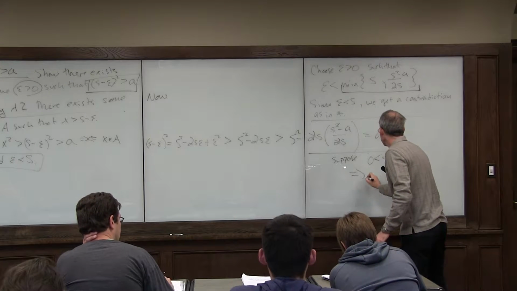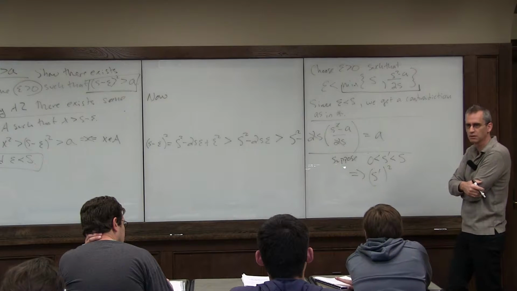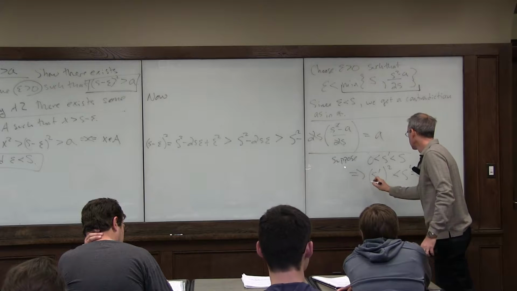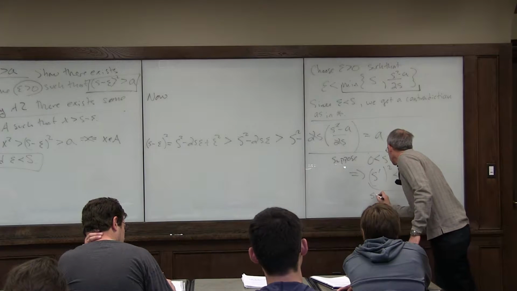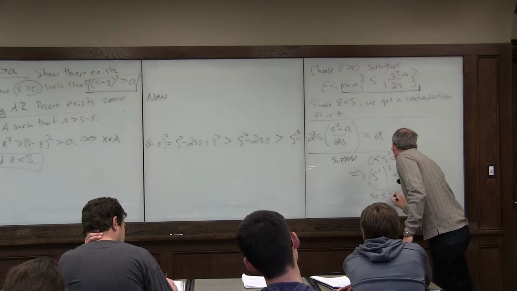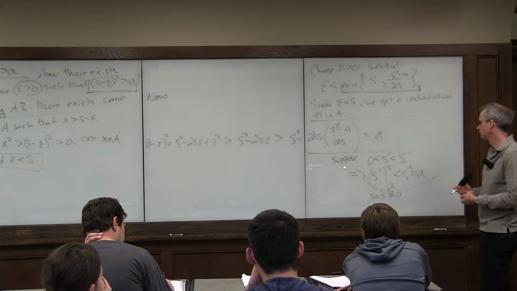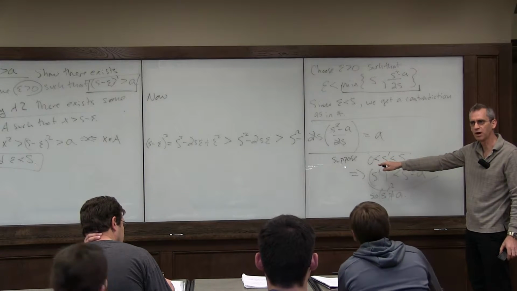What does that tell us about s prime squared? Less than s squared, which is a. So this is not a square root. That's where the positive part comes in, right?